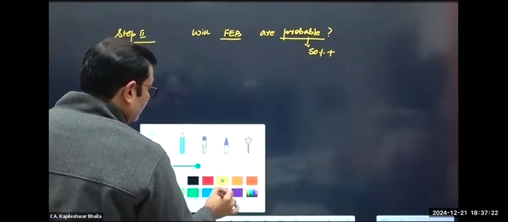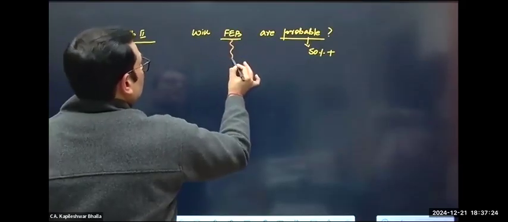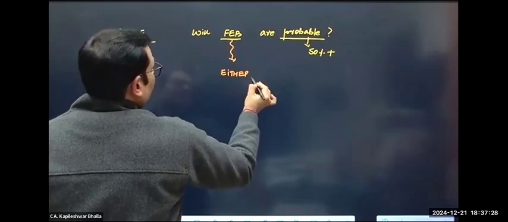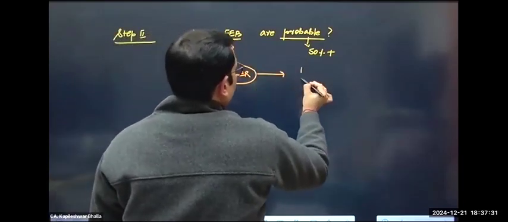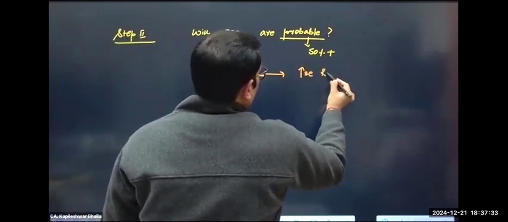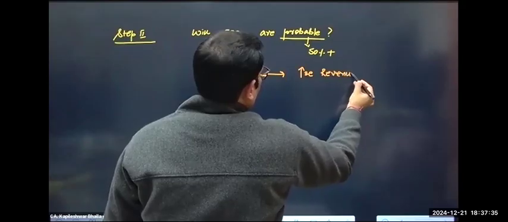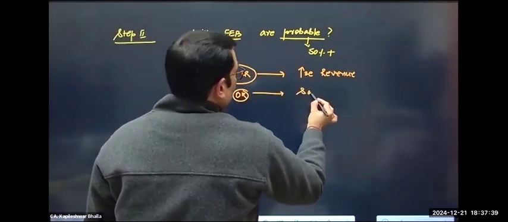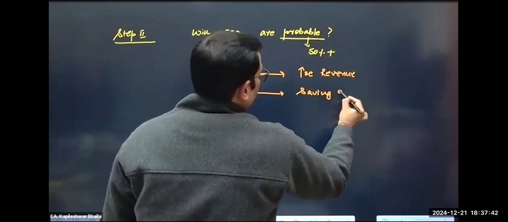When we're looking at the future economic benefits, they could be either in the form of an increase in revenue, so your revenue goes up, or you can prove that it will lead to saving of expenses.